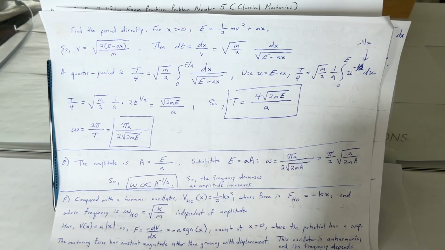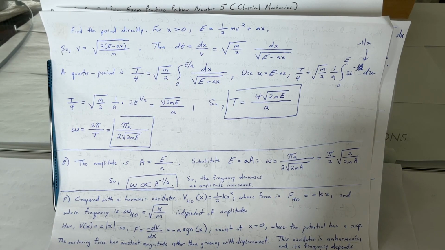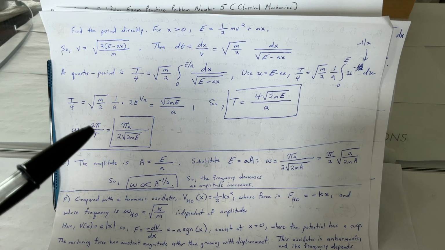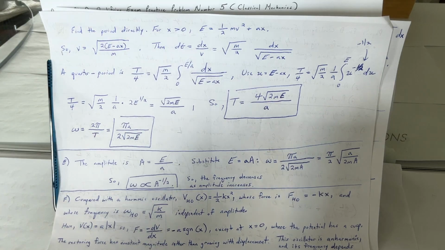So T equals 4 times the square root of 2mE over a. So our omega is 2 pi over T, which is pi a over 2 times the square root of 2mE. So that's another way to get our omega.